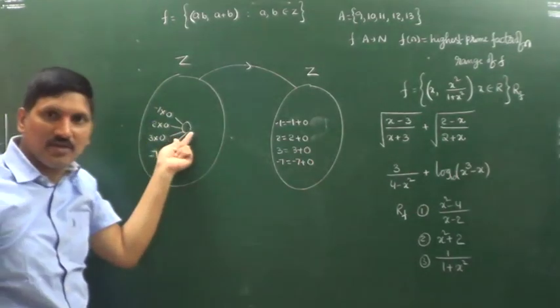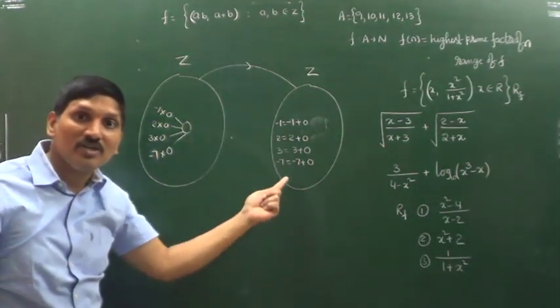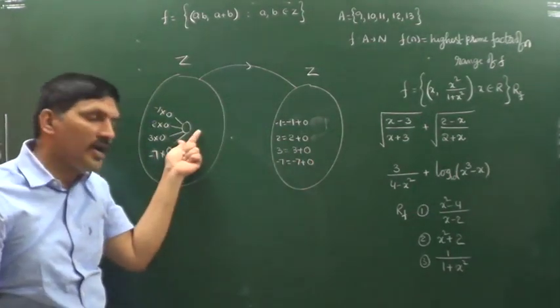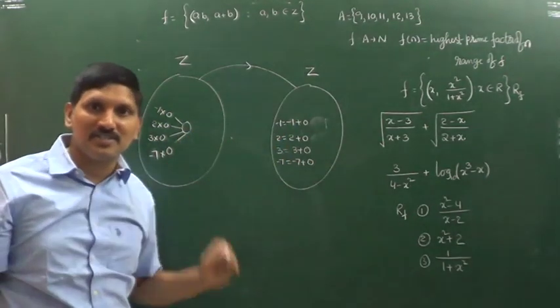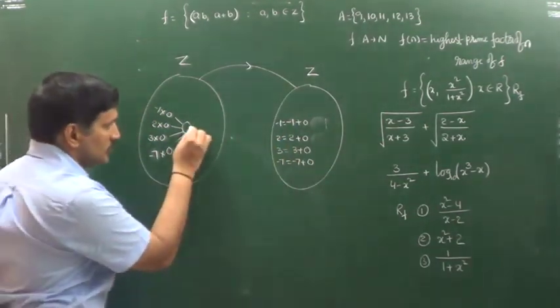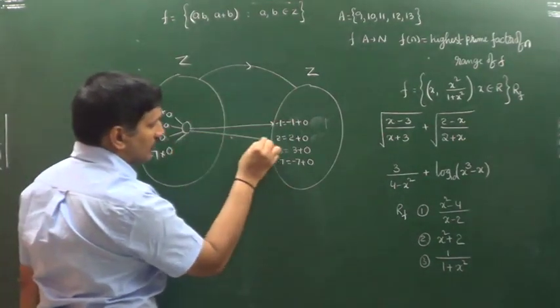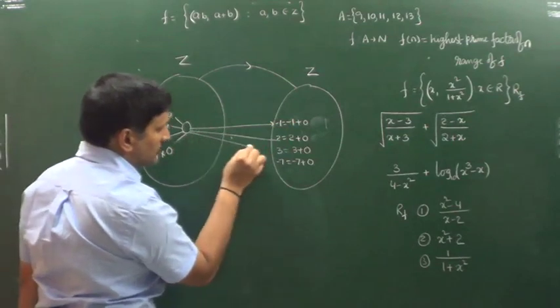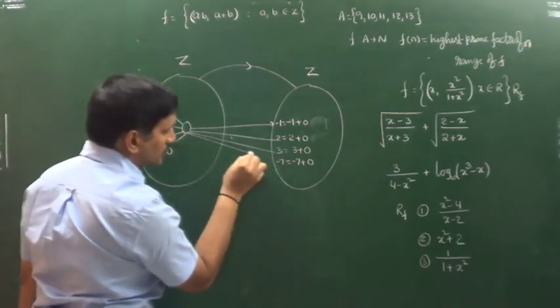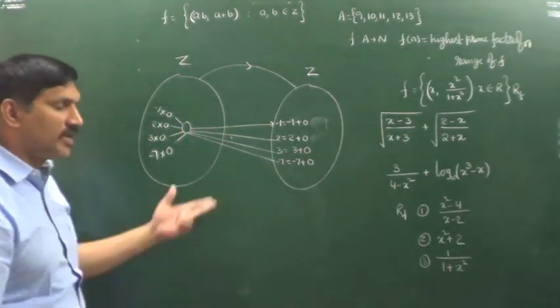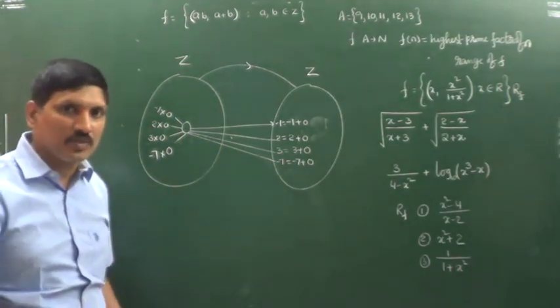A boy with more than one girlfriend, a boy having more friends. That's why you can see 0 connected with minus 1, 0 connected with 2, 0 connected with 3, 0 connected with minus 7. Tell me, is it a function?